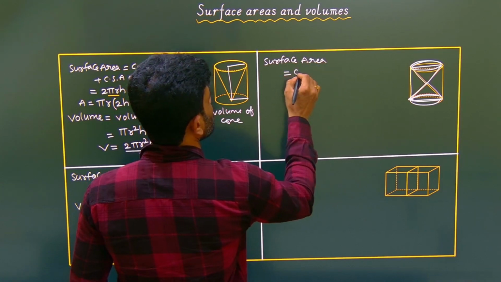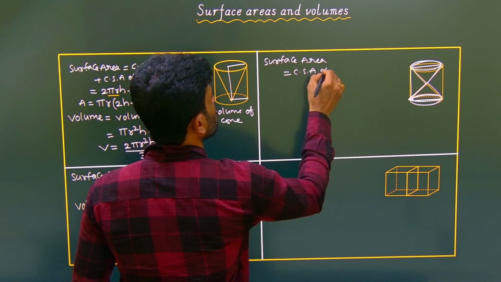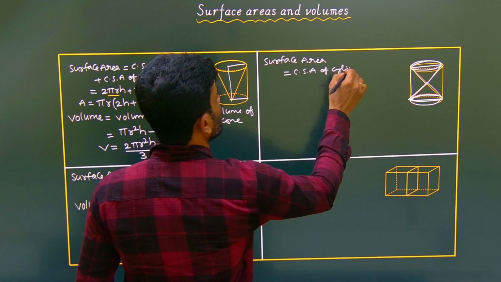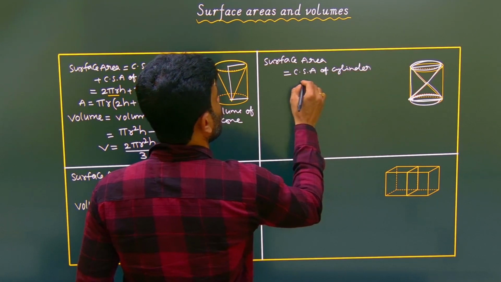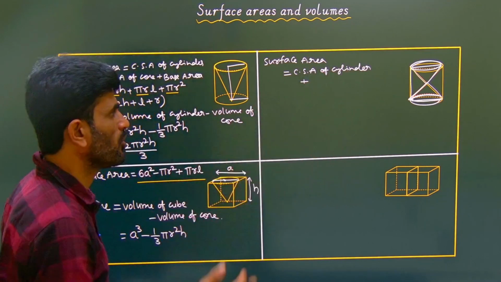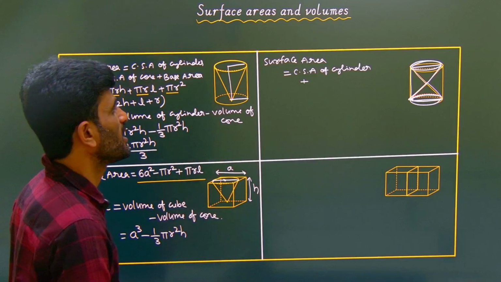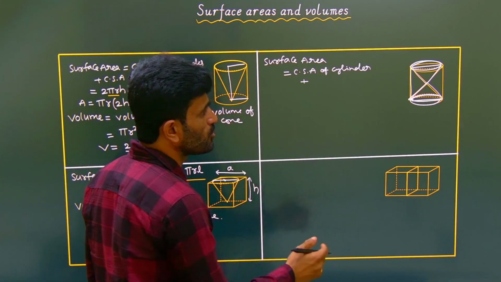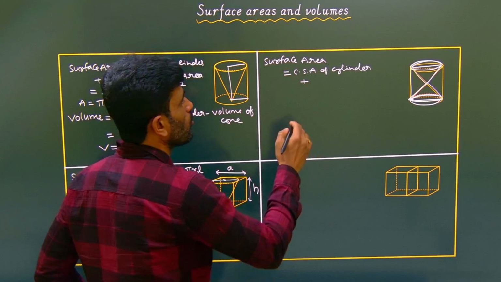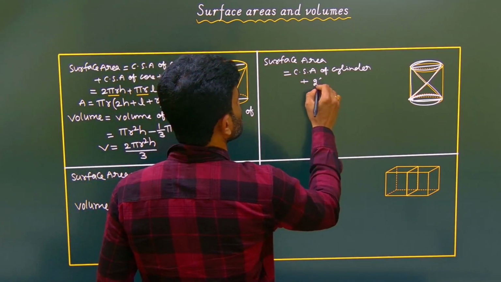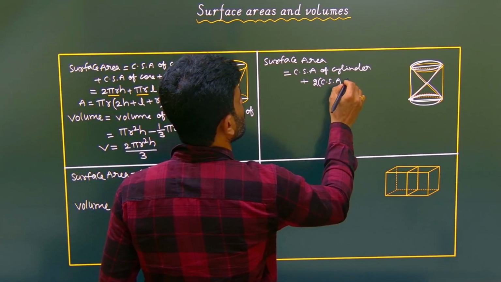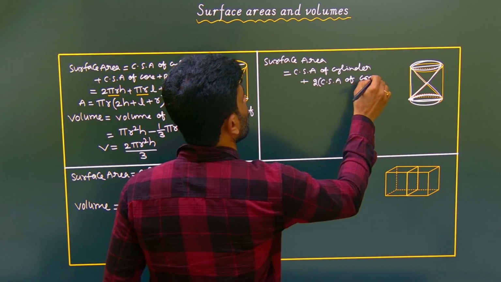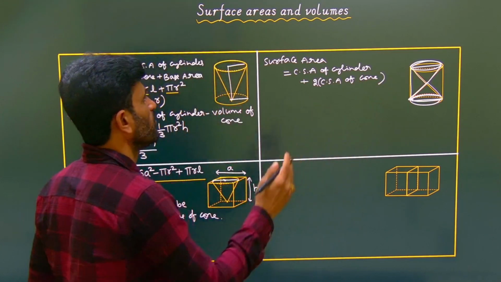So what will happen? Surface area is equal to CSA of cylinder, that will be as it is because that will not be affected. Now the top circle is removed because you are removing the cone, but CSA of cone is added. Even the bottom circle is removed, but CSA of cone is added. So 2 times CSA of cone is added.